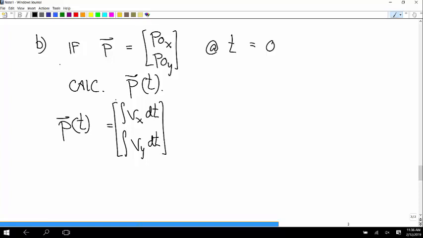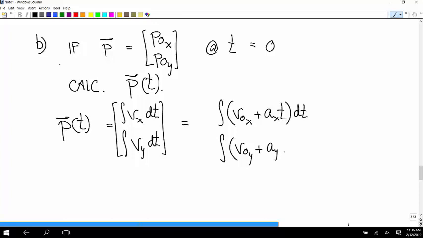We just came up with the functions that describe the velocity. So this is equal to the integral of V0x plus ax t dt. And the y component is the integral of V0y plus ay t dt.